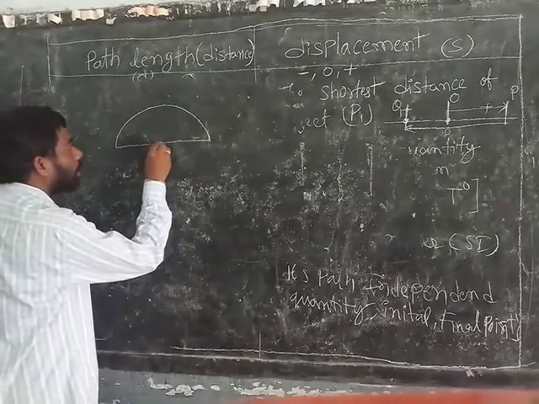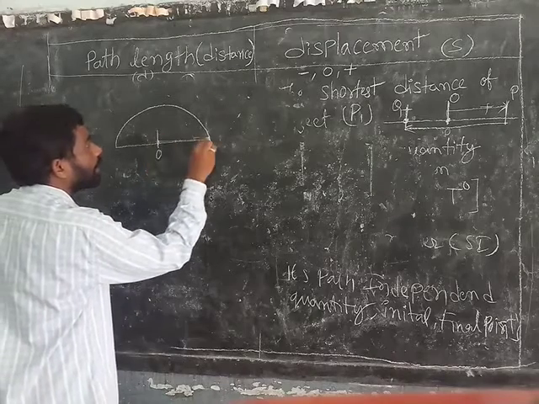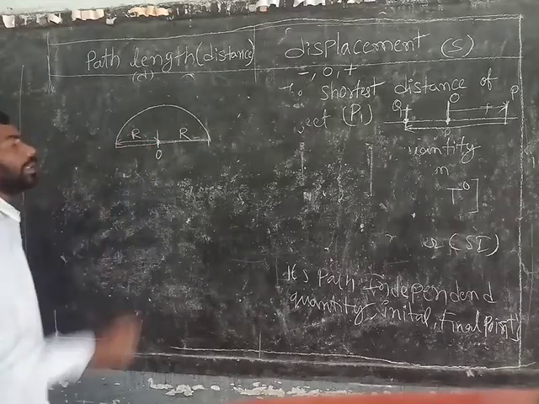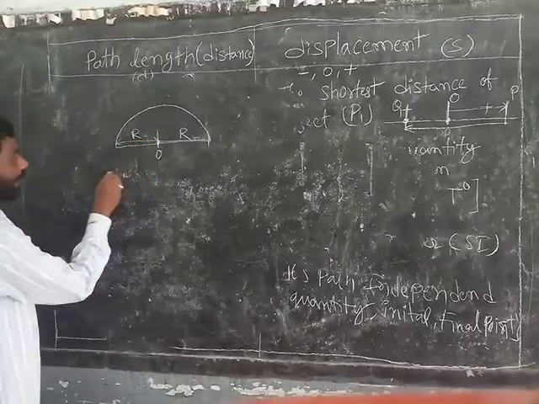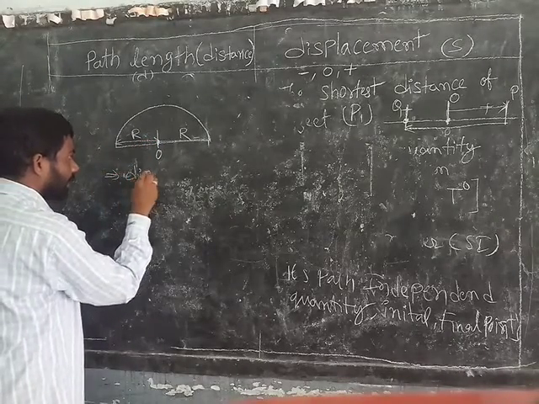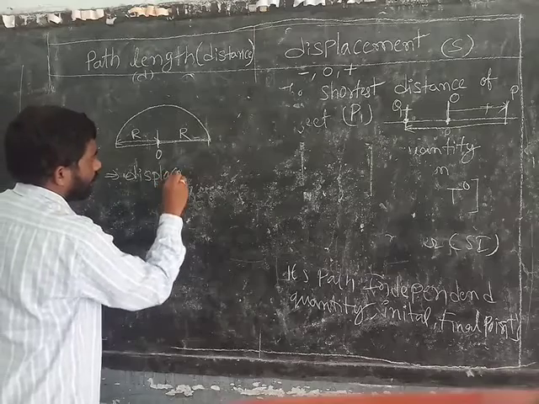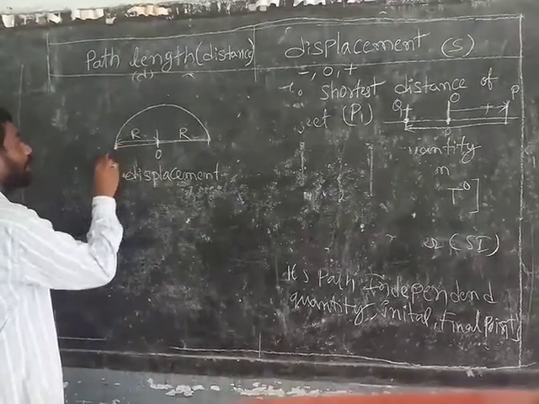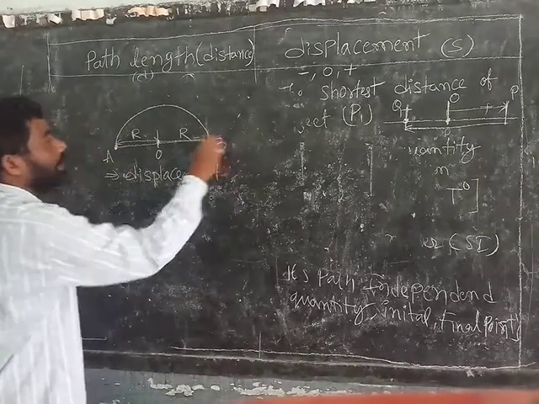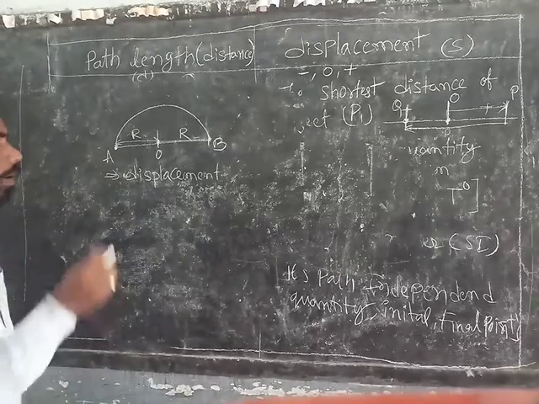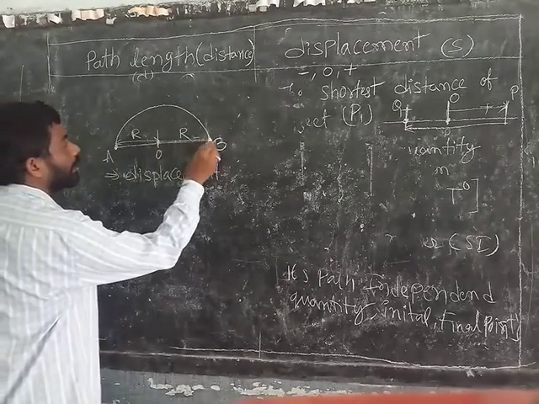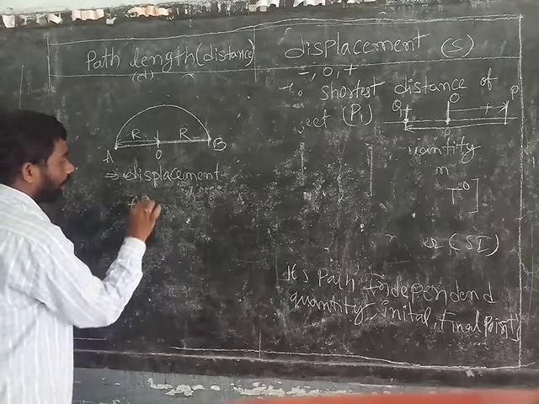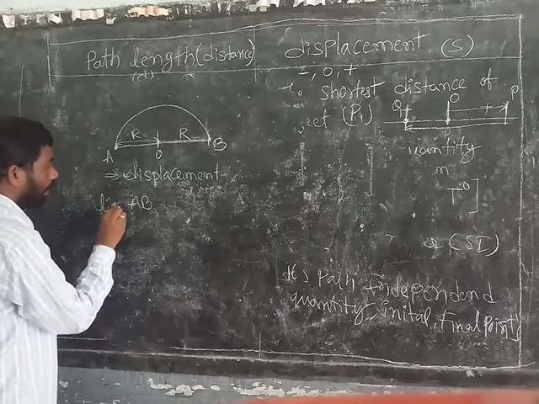This point is taken as the origin O, and the radius is capital R. Now for its displacement, suppose one point is A and another is B, the shortest length is this one, the line AB.